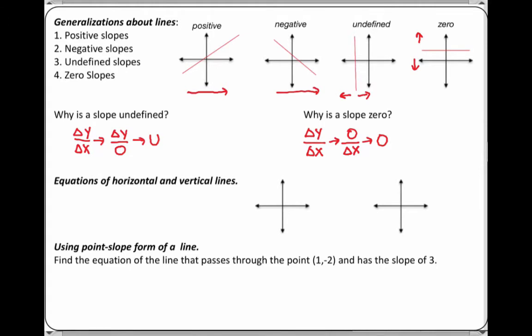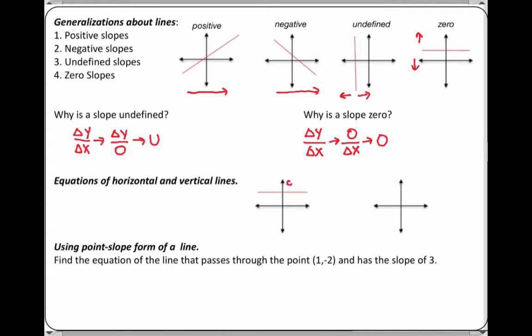Okay, so what are the equations of horizontal and vertical lines? Basically, they're pretty straightforward. A horizontal line, you notice that it is going to pass through the y-axis at some value c.